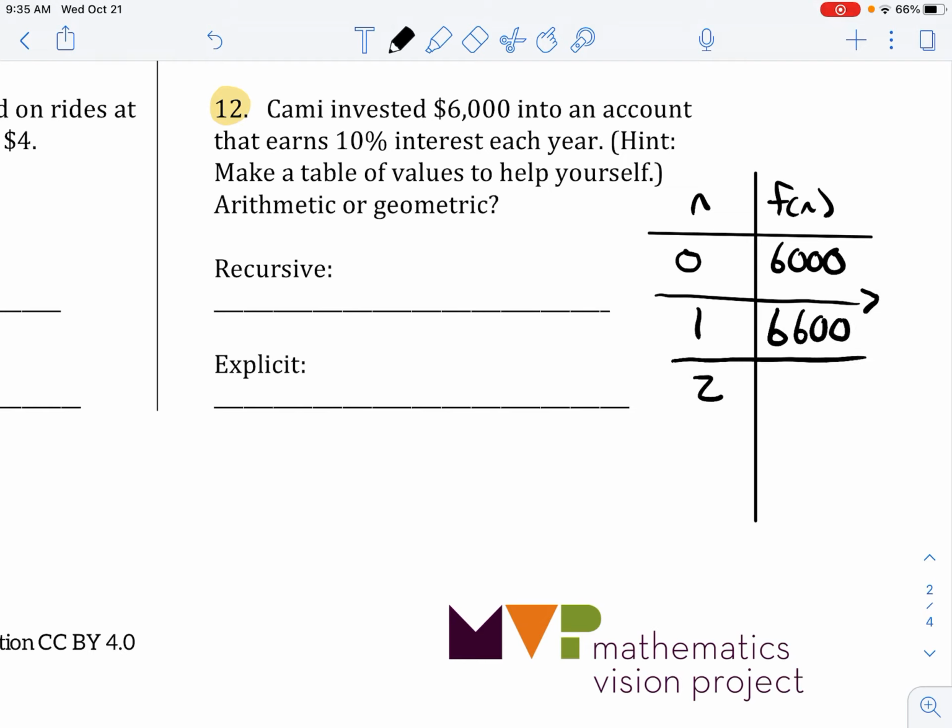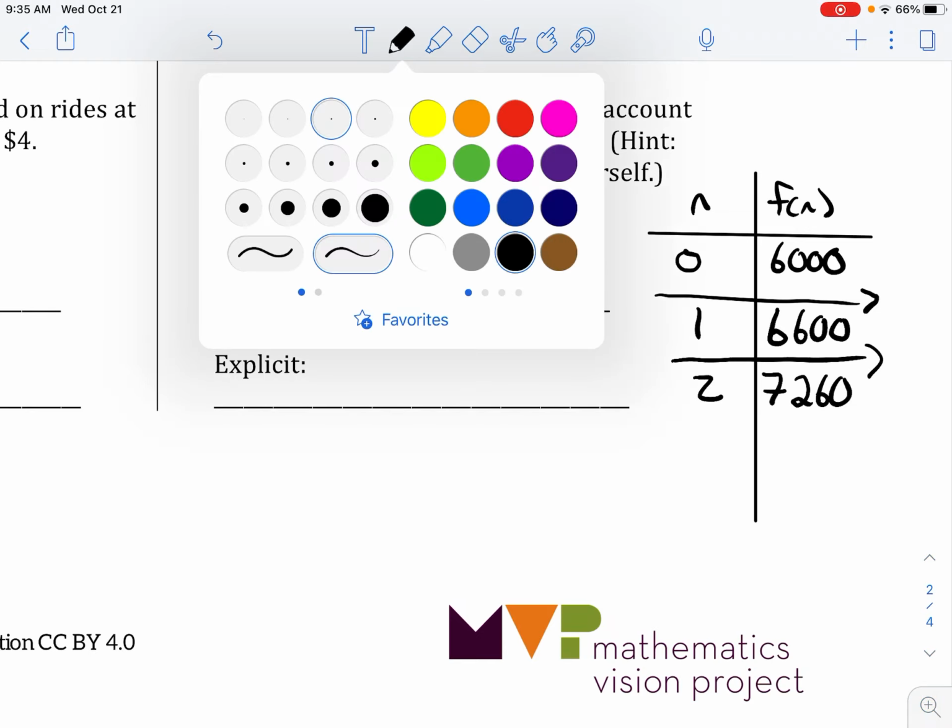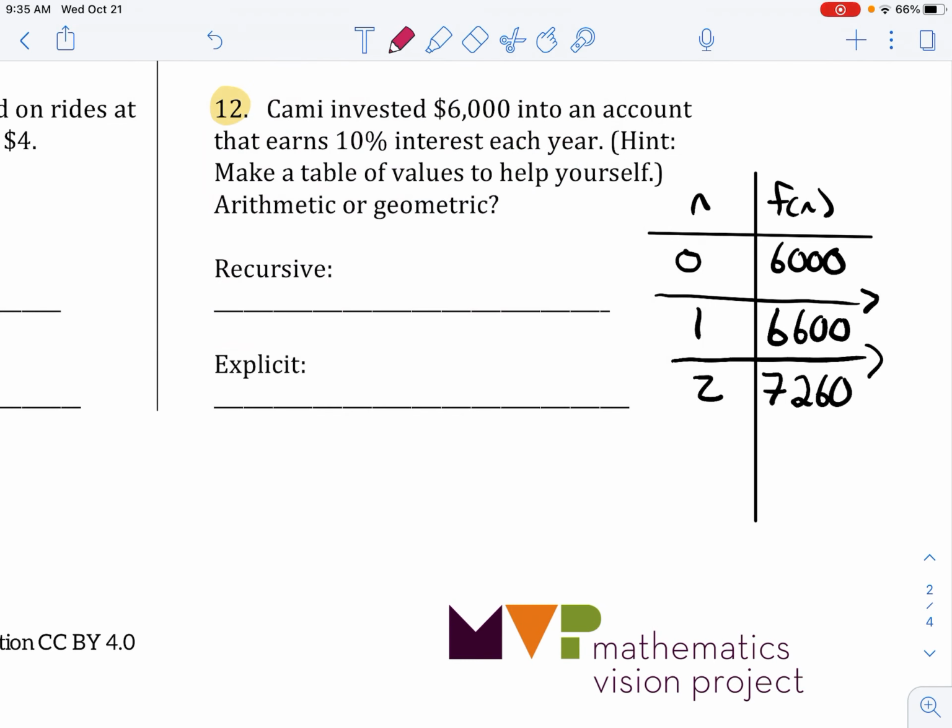Year 2, going to multiply by 1.1 from the previous term, get 7,260. So this is geometric. Anytime you're dealing with a percent, it's going to be geometric. So you're multiplying by 1.1. If it was decreasing, it would be less than 100%. So we start with 100% and we added 10% to get our action.